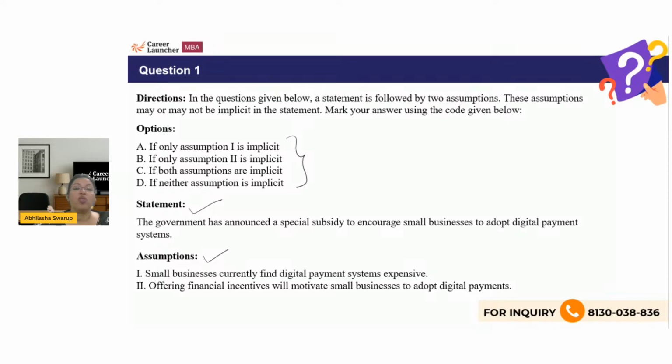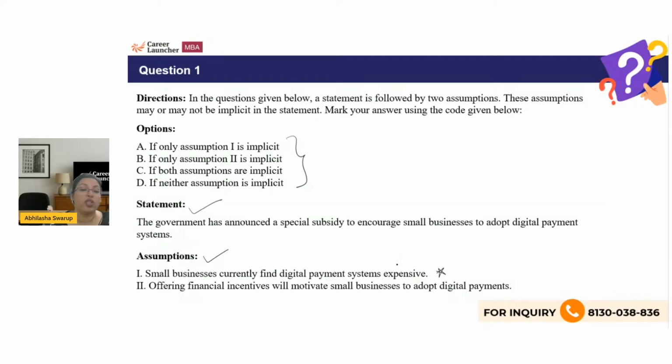The government has announced a special subsidy to encourage small businesses to adopt digital payment system. They find currently digital payment system expensive. That's entirely possible, and probably that is why they are not using it, and that is why the government is trying to make sure that they are doing it.